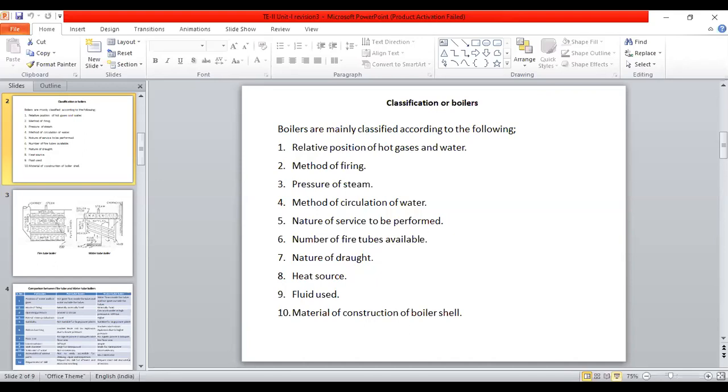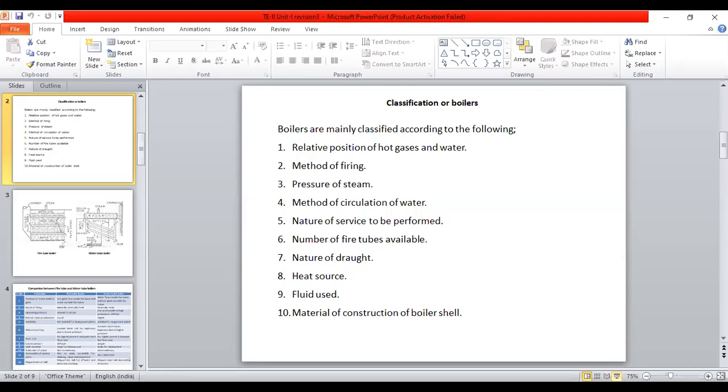Whereas in externally fired boilers, the furnace region is provided outside or built under the boiler. So internally fired means the furnace arrangement is inside the boiler, and externally fired means the furnace region is outside or built under the boiler.